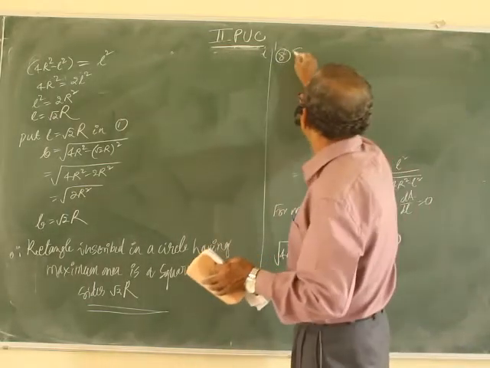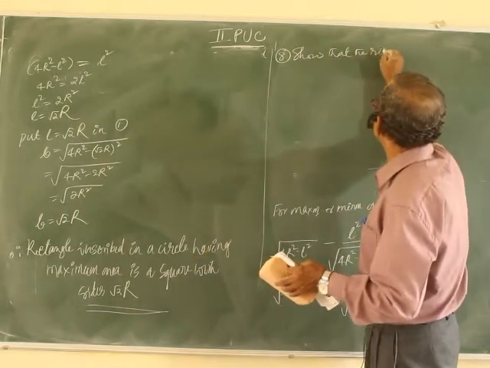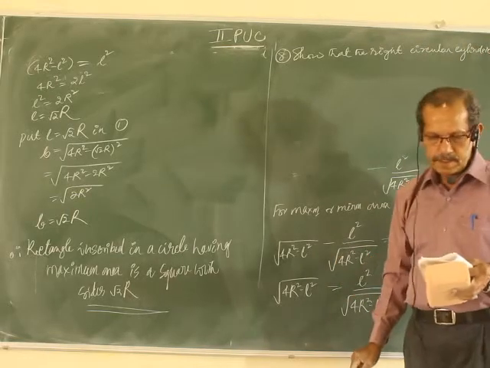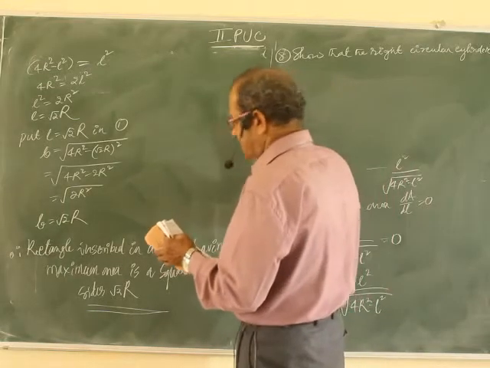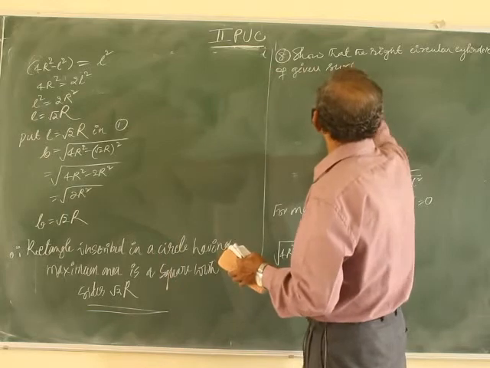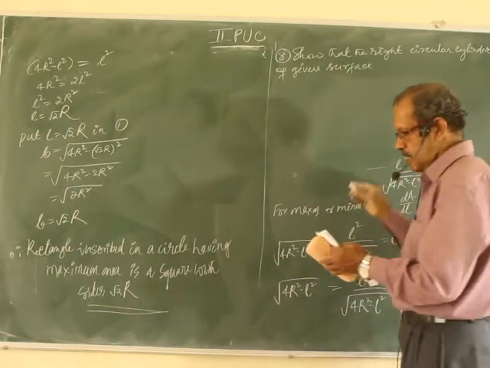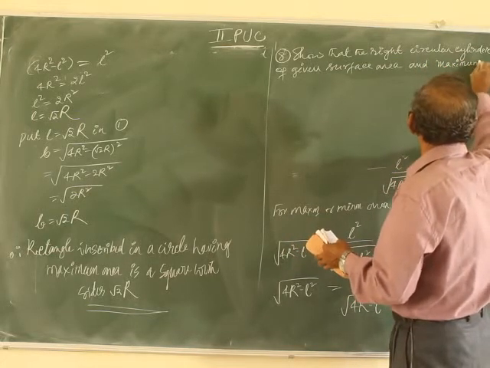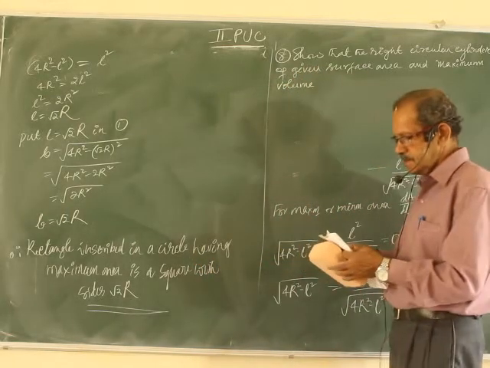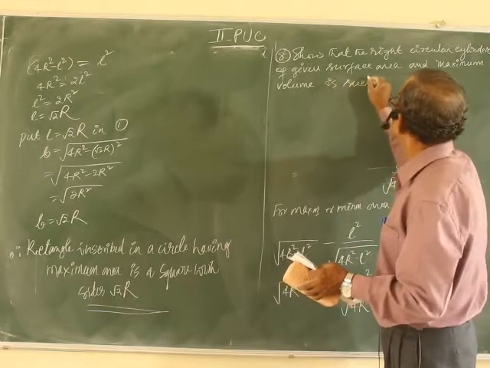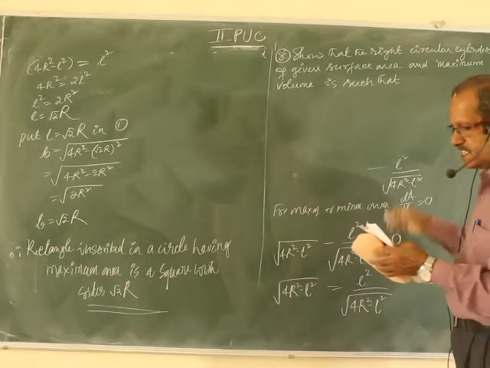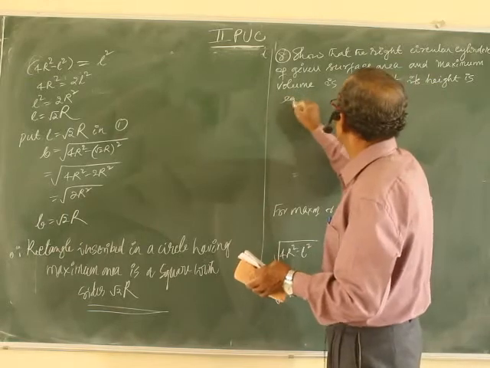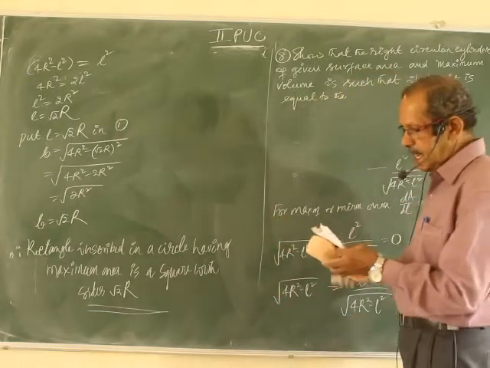Show that the right circular cylinder of given surface area and maximum volume is such that its height is equal to the diameter of the base.